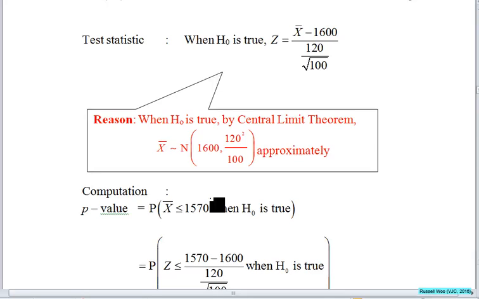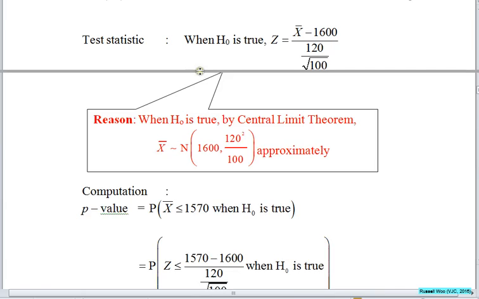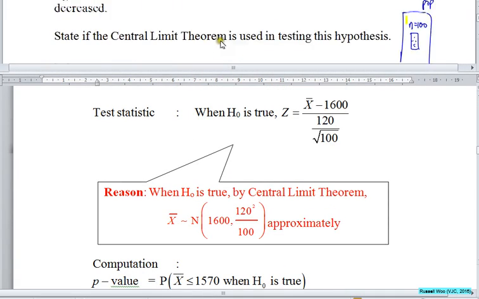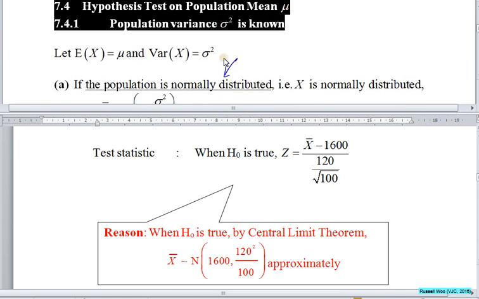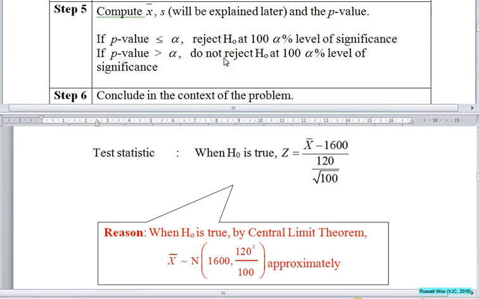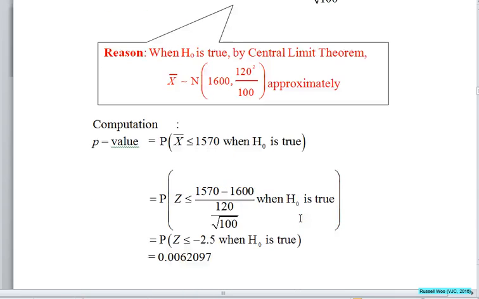Now, remember our decision making? If your p-value is less than this alpha, that means your 1%, then you reject H0, that means it's a rare event. So now our objective is to calculate the p-value. And how do we calculate the p-value?